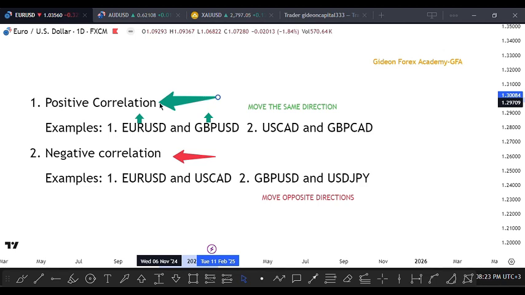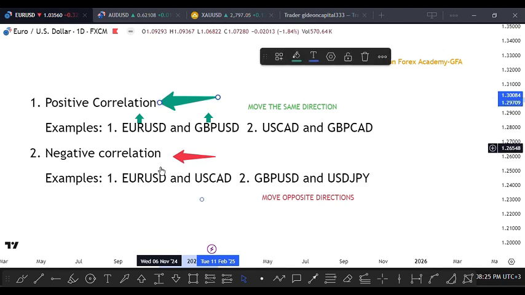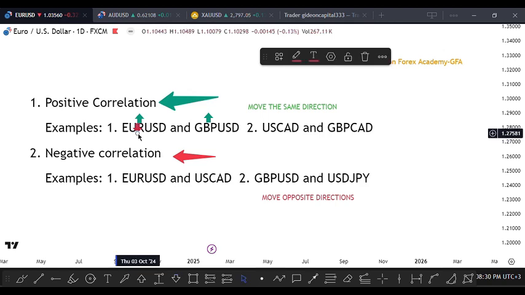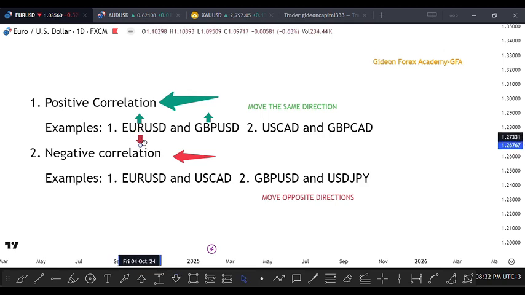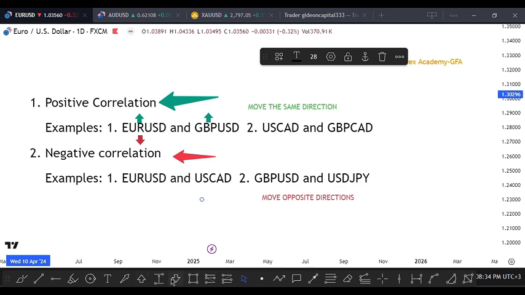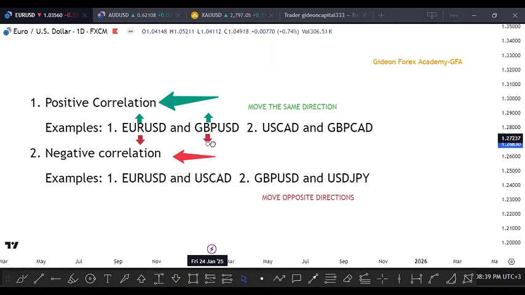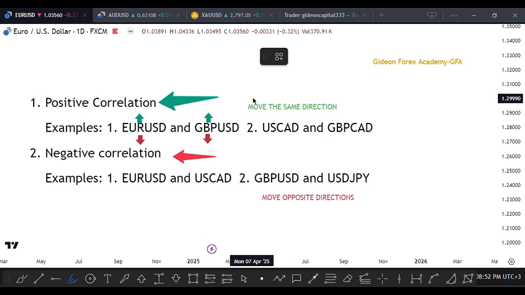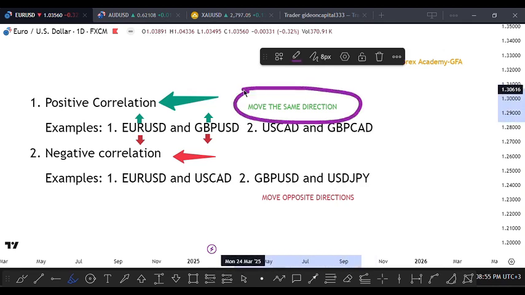If EUR/USD is bearish, moving downwards, GBP/USD will also be bearish. That means if you are selling EUR/USD, GBP/USD is also a sell. They move in the same direction, guys. Don't forget that.